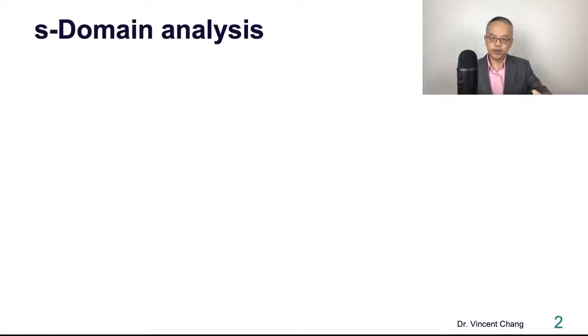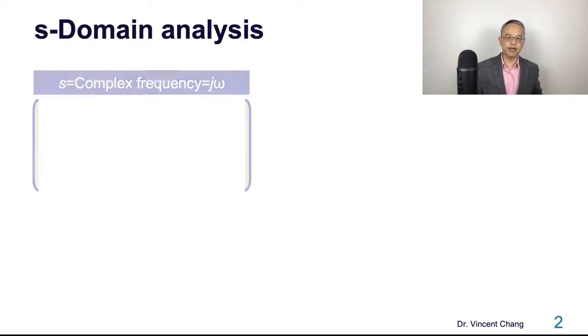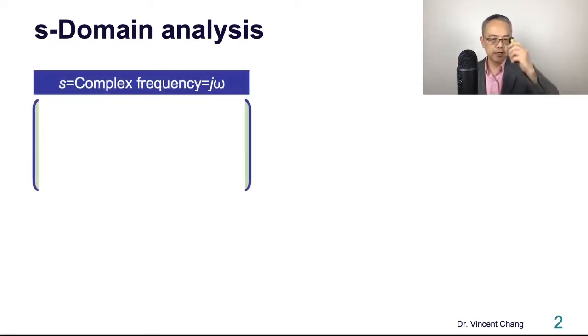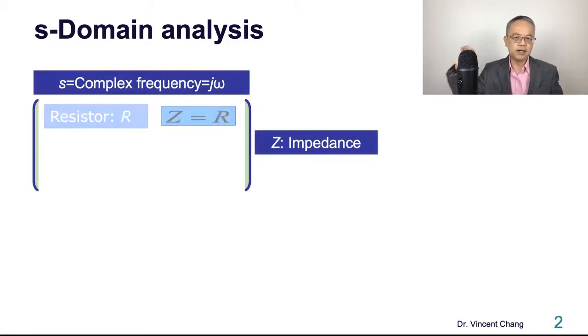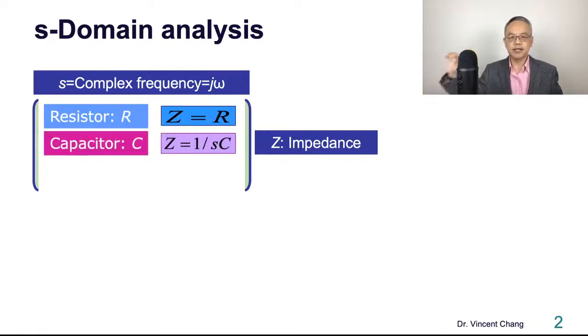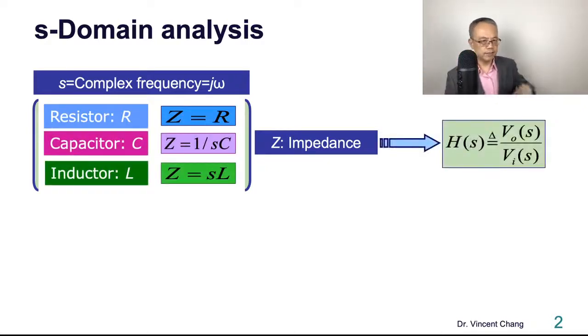So let's quickly review what we learned before in other courses or lecture videos. S-domain analysis, complex frequency domain analysis. We use s = jω, the concept of impedance, to deal with the R, L, C components.